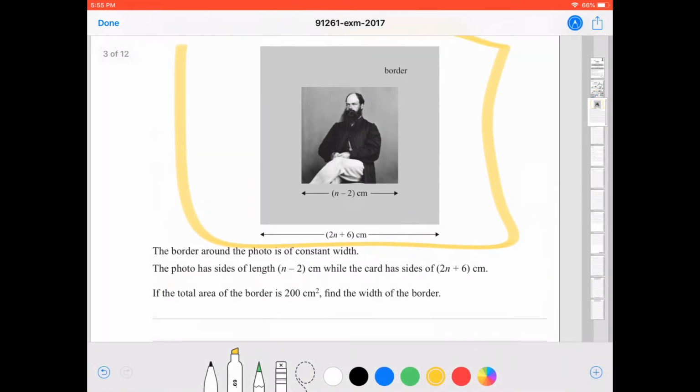So I guess at this point we could say x width. So at every place, every point, this is the distance of x, because of this piece of information, the border around the photo is of constant width.